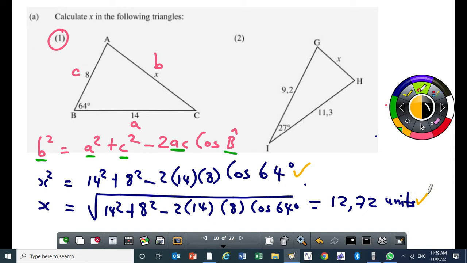If it's 3 marks, then there has to be a write down an answer from the calculator, then you move on again, you write x equal to, and then you do it again. No, there's no need. You can do it that way.